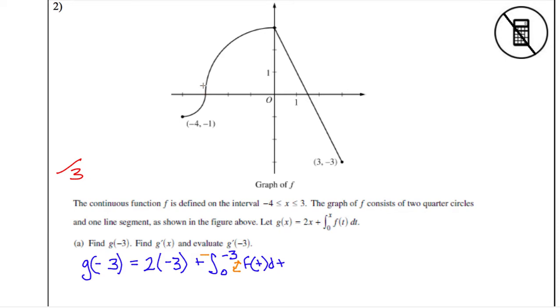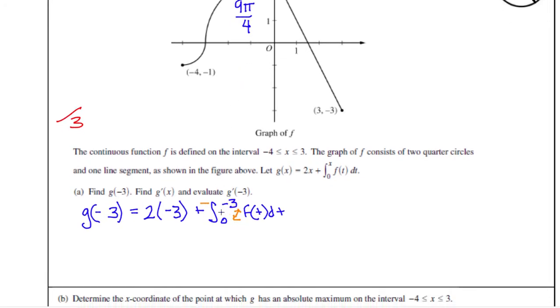It's talking about this quarter circle from here to here. I need to find the area of the circle. The radius is 3, so it's 9 pi, but it's a quarter of that, so 9 pi over 4. So this is going to be -9 pi over 4 because we have this additional negative sign, and we have a -6, so our answer here is -6 minus 9 pi over 4. You get 1 point there if you got that answer.